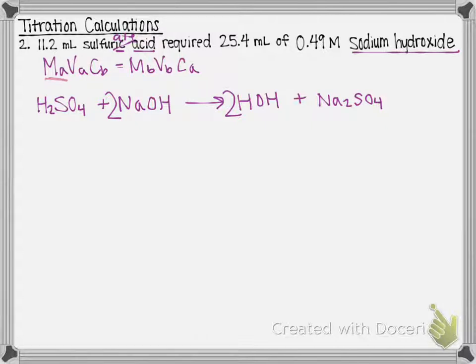Molarity of the acid, we don't know, so that is your X. Volume of the acid, it says 11.2 milliliters of sulfuric acid, so 11.2 is your volume. And coefficient of the base. Your base is NaOH, your coefficient there is 2.